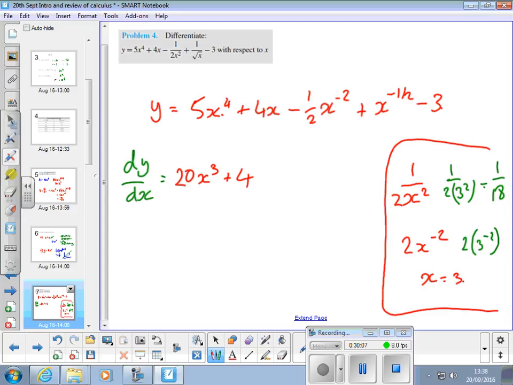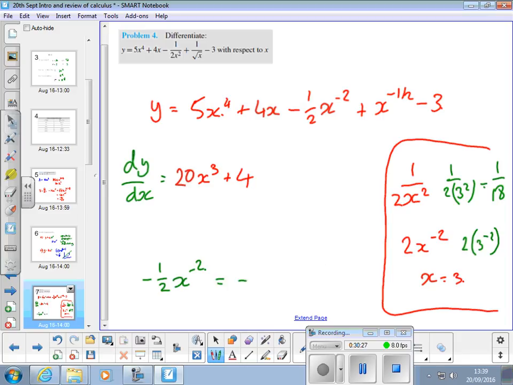We've got minus 2 as a constant here. Minus 2 is an index. So let's just write that one out on its own for a minute. We've got minus a half x to the minus 2. Yeah? And this is why I'm putting brackets around.